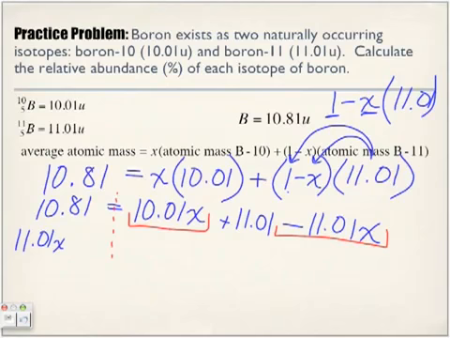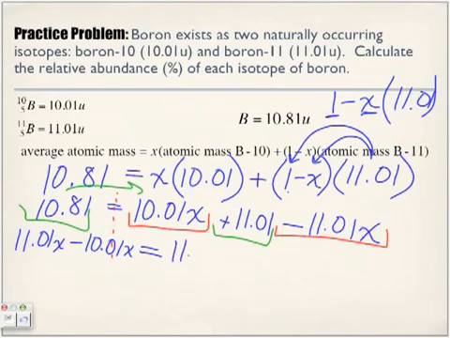I'm going to get 11.01x minus, because remember this was negative on this side, negative 11.01 becomes positive on this side. This 10.01x is positive on this side of the equal sign, but when I move it to this side, it becomes negative. Equals, and I'm going to move this term to that side, and I'm going to get 11.01 minus 10.81.